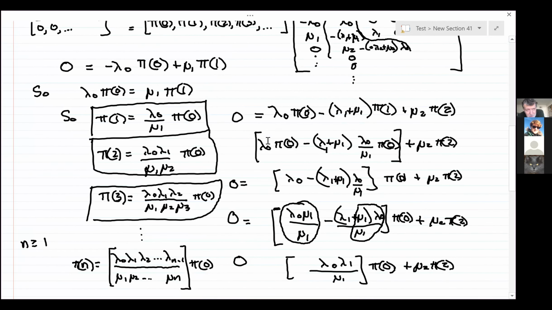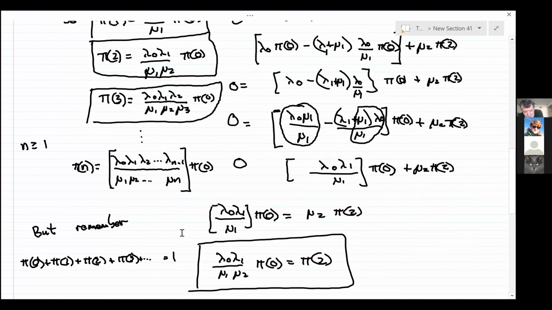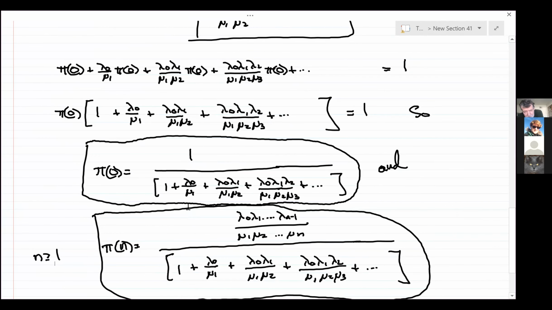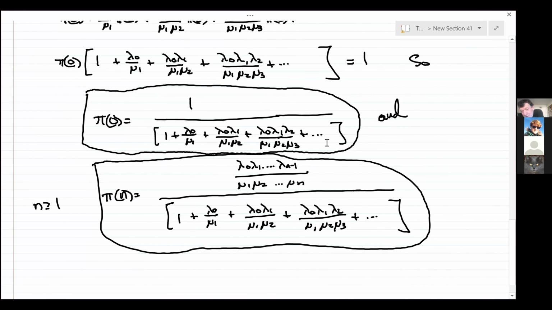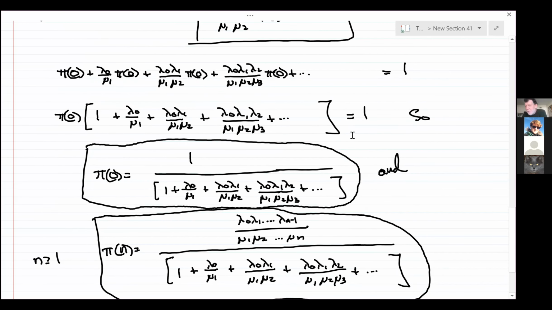So if pi 0 is 0, then when you multiply through, you're getting all the other ones to be 0. So it won't always have a steady state. It's only going to have a steady state when this infinite series converges. If it diverges off to infinity, then there is no steady state. Good place for me to stop.